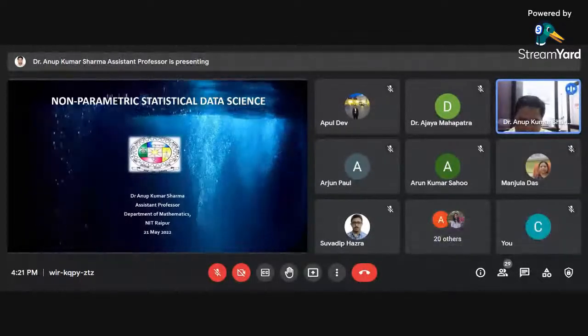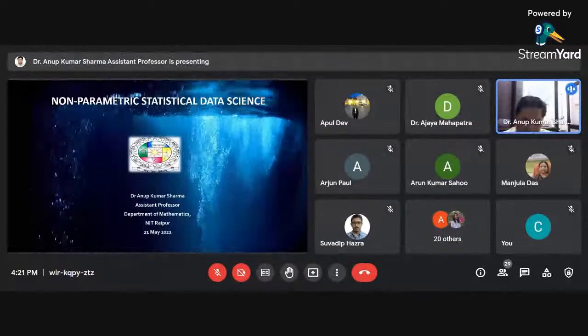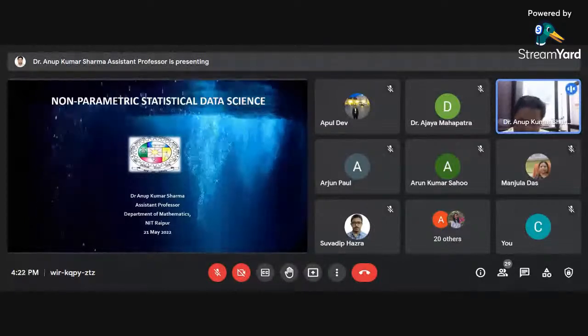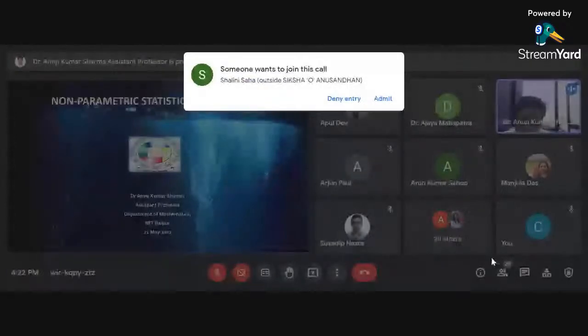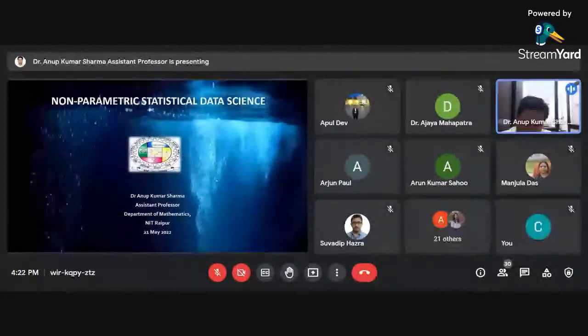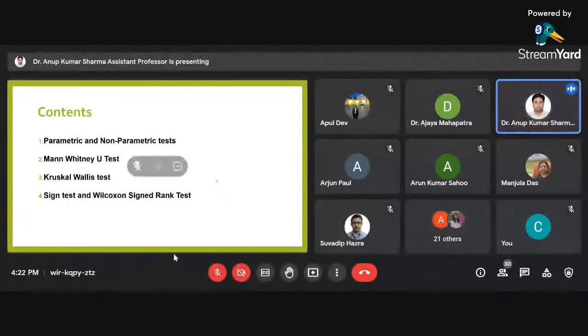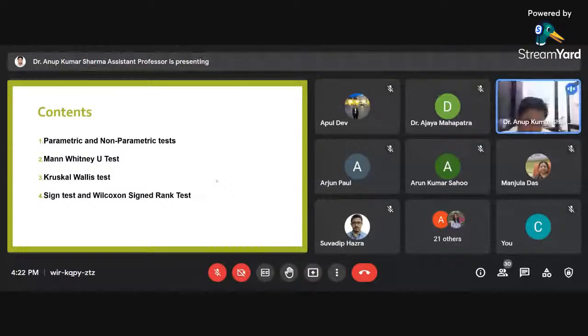In this non-parametric statistical data science, we focus on the testing of data, meaning whether the given information is correct or not, that is, whether we accept or reject it, allowing for some error, such as 5%. The contents here are parametric and non-parametric, then the Mann-Whitney U test, Kruskal-Wallis, and Sign and Wilcoxon signed-rank tests. These three belong to non-parametric tests.